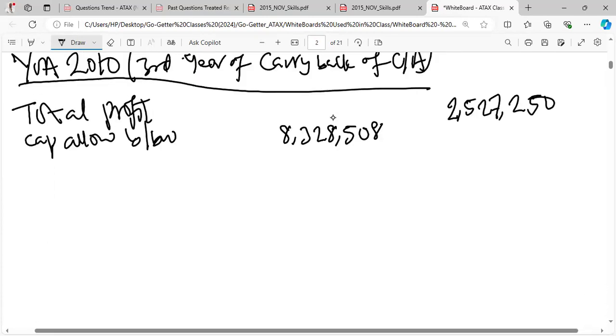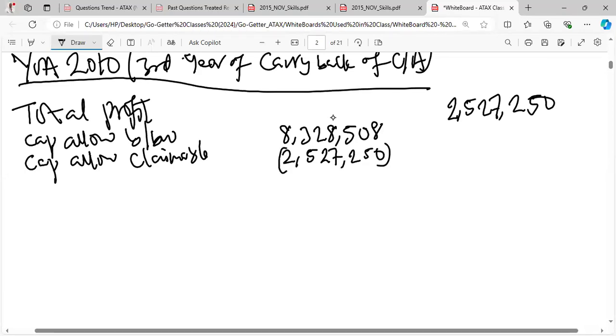So capital allowance claimable. You can only claim as much as your assessable profits can carry. 2,527,250. You cannot claim more than your assessable profits.